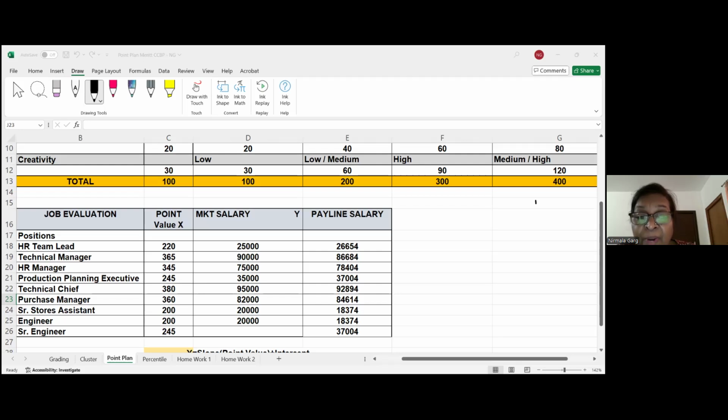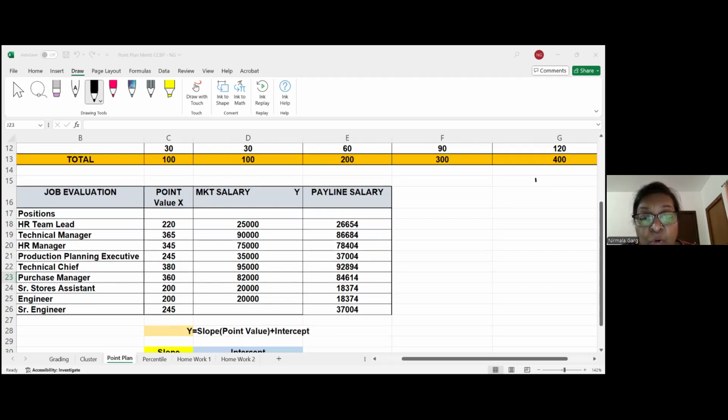The best part in the point plan method is that once you collect the market data and do regression, you get two values called slope and intercept. With the slope and intercept, you can still calculate what salary you need to give to these unique positions, which Mercer or Hewitt or everybody does, charging a huge amount, using the point value method.